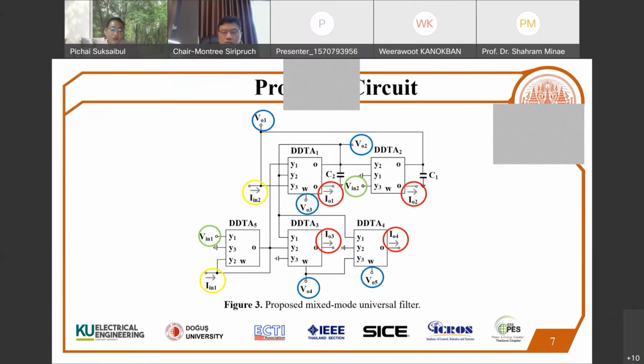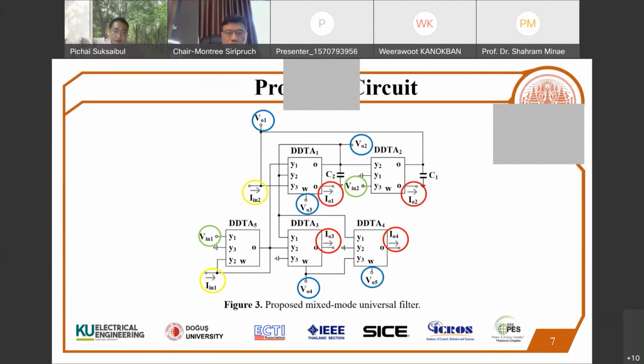Then we bring the DDTA from the previous slide and connect it as in figure 3. The proposed mixed mode universal filter in figure 3 consists of 5 DDTAs and 2 grounded capacitors.